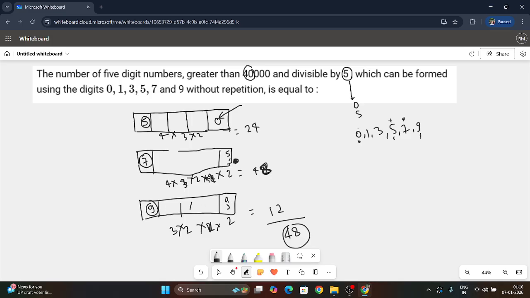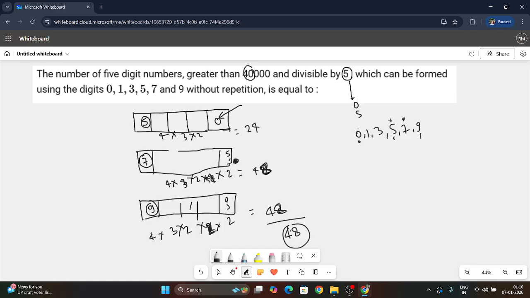Suppose I have taken 9 and 0, so 9 and 0, so 4 3 2, this is also 48.